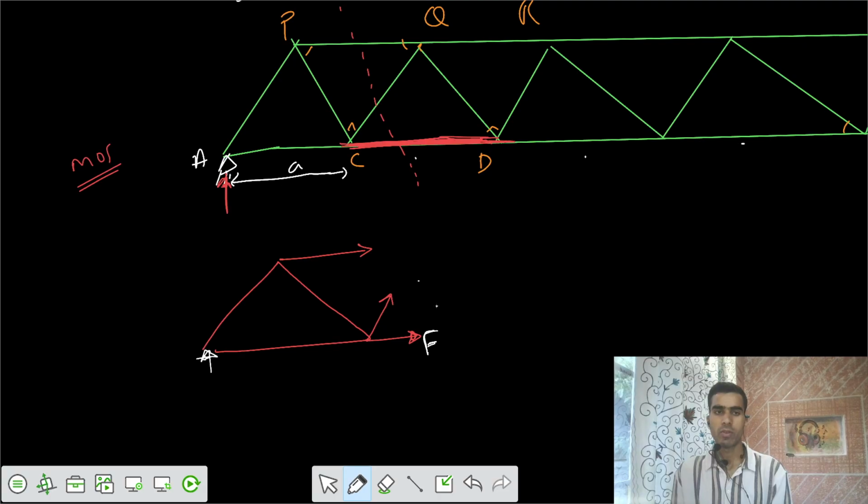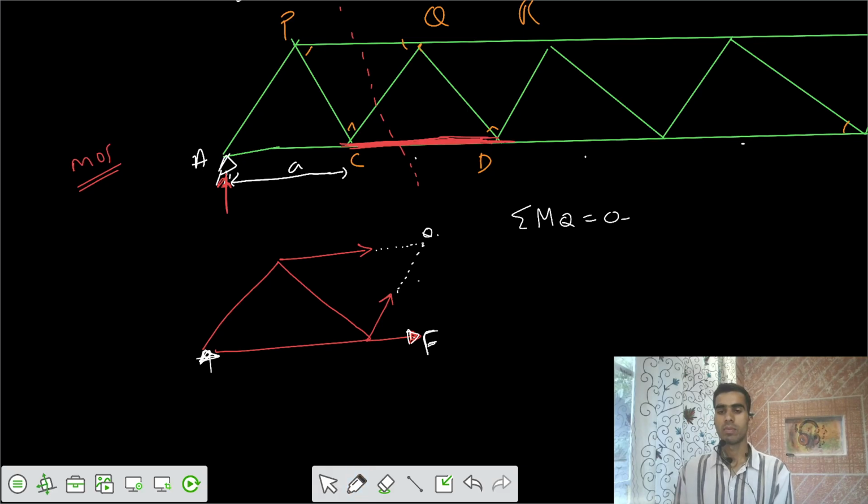There would be an upward reaction A. Let's say these two forces are meeting at point Q. So if I take summation of moments at Q equals 0, I can get the value of that force F in CD. Can I say that? I think so.